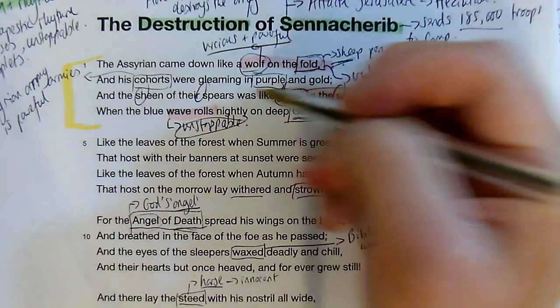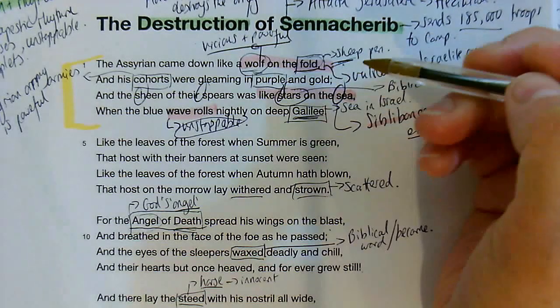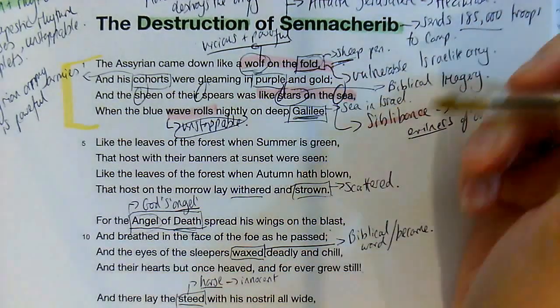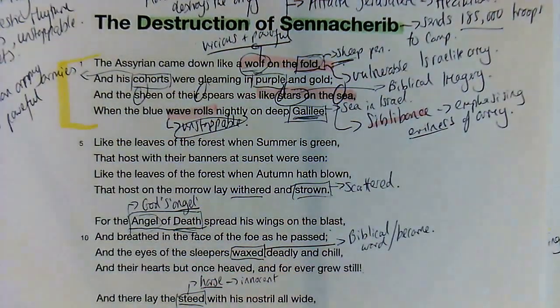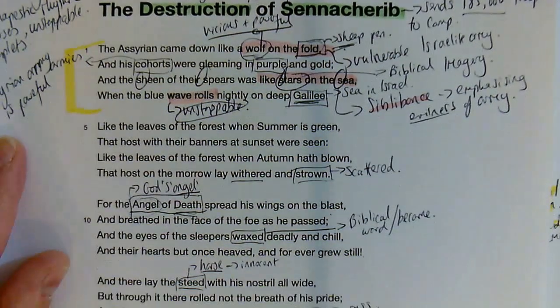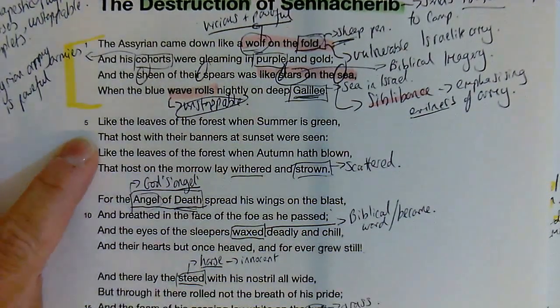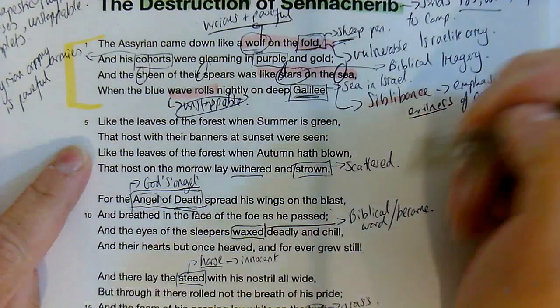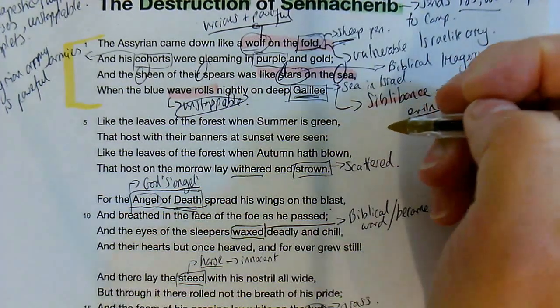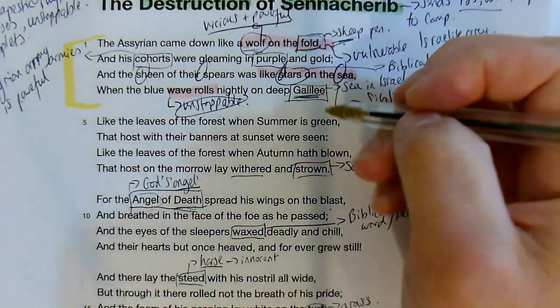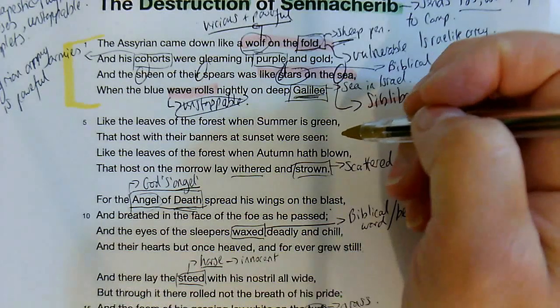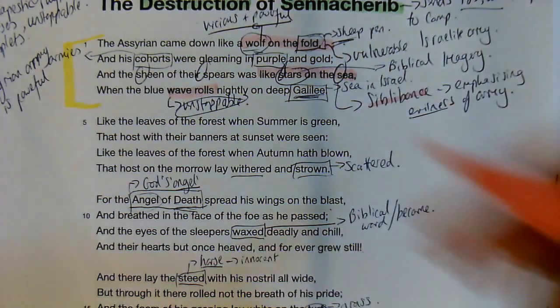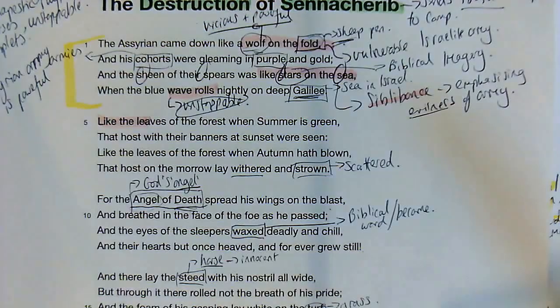The sheen of their spears was like stars in the sea. And so we're getting that idea here that the Assyrian army is both powerful but also evil, which means that we really want them to be defeated. Perhaps that's his purpose here. Like the leaves of the forest when the summer is green, that host of their banner at sunset was seen. Again, this lovely simile here.